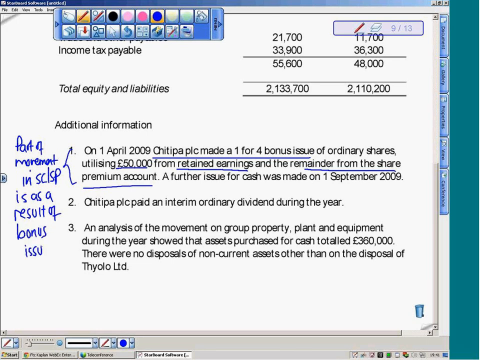Now, a bonus issue does not give rise to a cash movement. So when we look at the comparison of the balances of share capital and share premium, we must factor in that not all of it is to do with a cash issue. We need to work that through when we do our T accounts for share capital and premium.